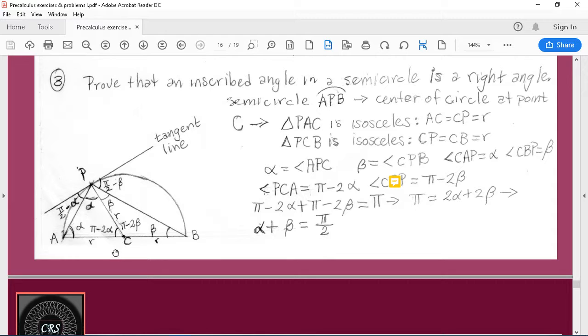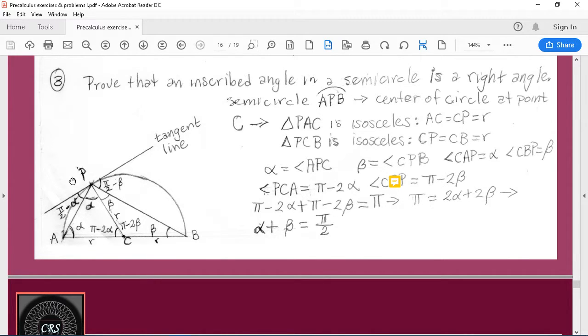We have CA equals CP equals CB, and those are the radii of the semicircle for this exercise. And we have angle APB.